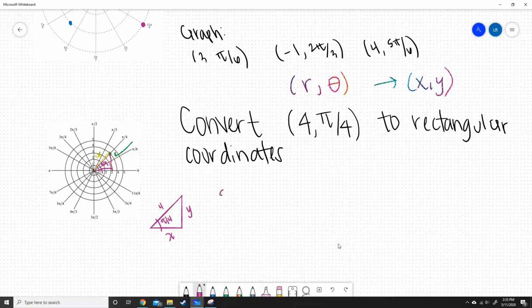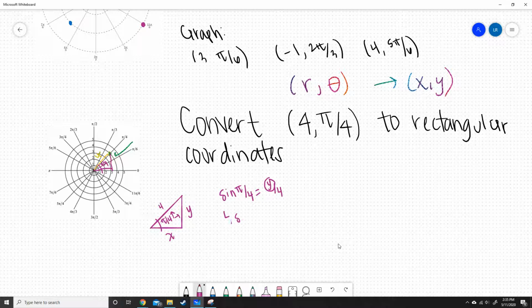The sine of pi over 4 is equivalent to my opposite over my hypotenuse, y over 4. Well, if I want to get y alone, because I want to know what my vertical component is, I could multiply by 4.